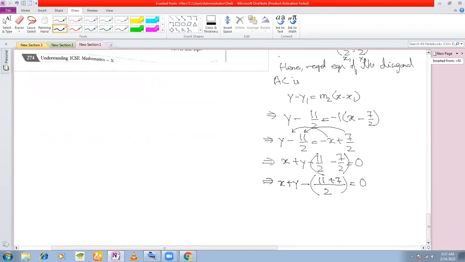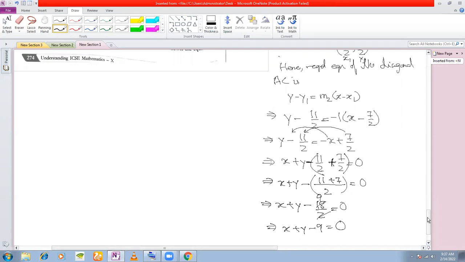Here, if you introduce your brackets, the minus sign will become a plus sign, right? You get x plus y minus 18 by 2 is equal to 0. So x plus y minus 9 is equal to 0. This is the required equation of the diagonal AC.